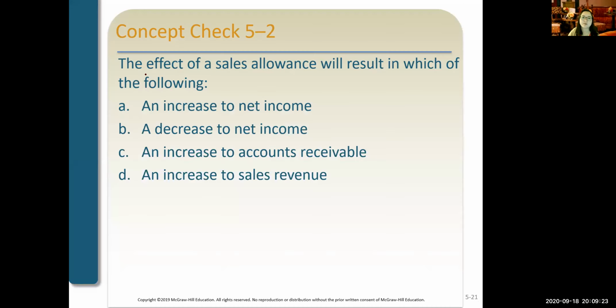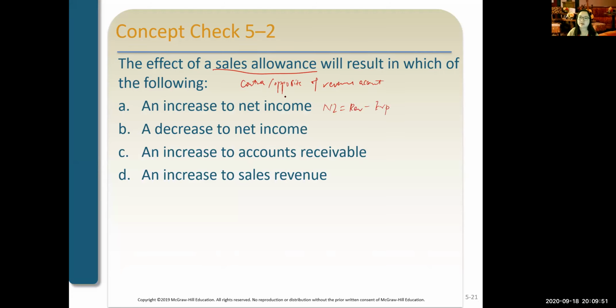Okay, concept check. The effect of sales allowances will result in which of the following? A, increase in net income. No, right? We said this allowance is the contra, or opposite, of a revenue account, right? So an increase of net income? No, net income equals revenue minus expense, right?